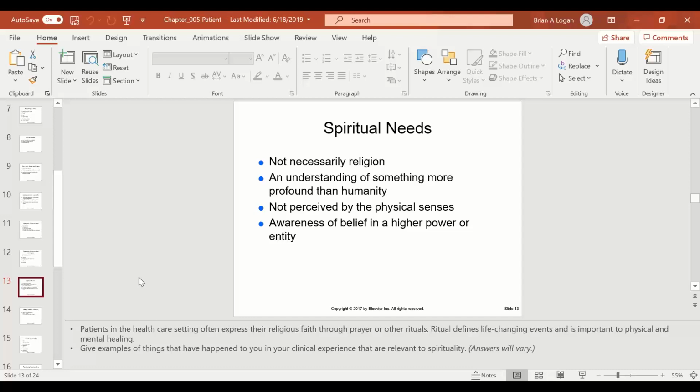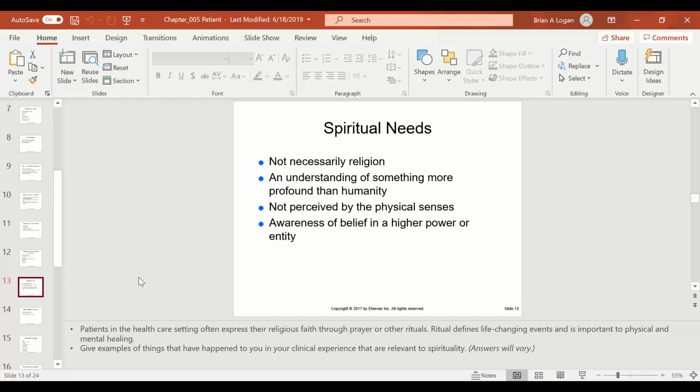Maybe at that time the patient's afraid, right? They need something to hang on to, so they turn to a spiritual side.